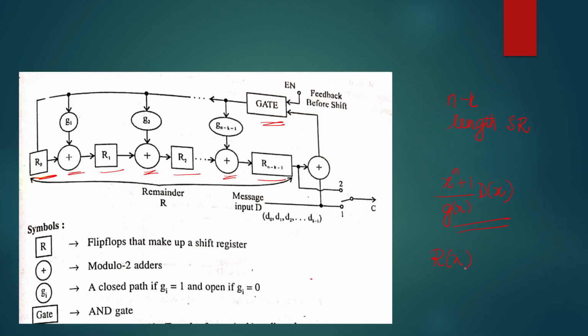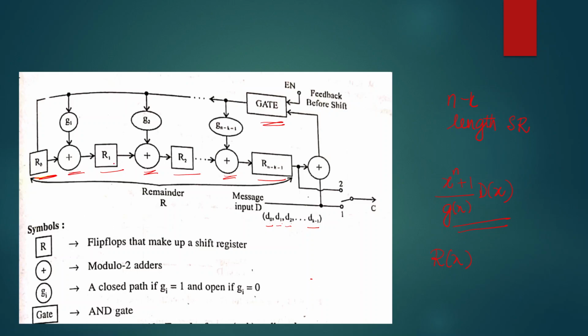How we obtain this remainder is that we feed the data one by one into the shift register. You can see over here d0, d1, d2, and so on up to d(k minus 1) will be fed one after the other into the shift register, and using g1, g2, up to g(n minus k), we find the remainder polynomial.